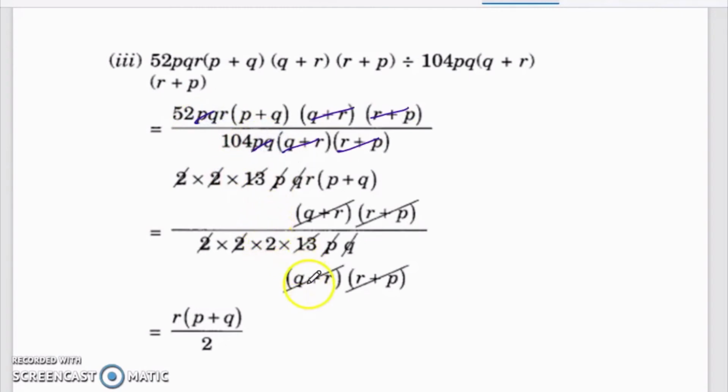And 52 and 104 you have to factorize into prime factors and then you can cancel out the common factors. So 52 is 2 into 2 into 13 and 104 is 2 into 2 into 2 into 13. So the final answer will be r into (p + q) divided by 2. You can also write it as 1/2 r into (p + q).